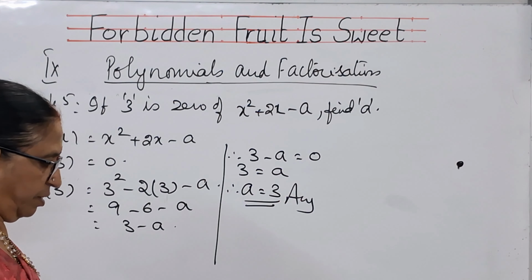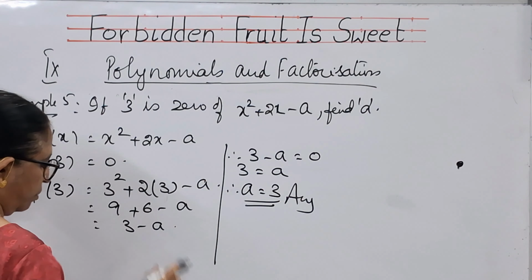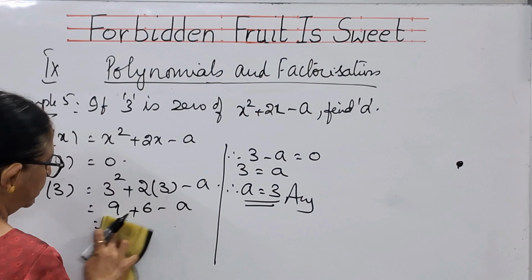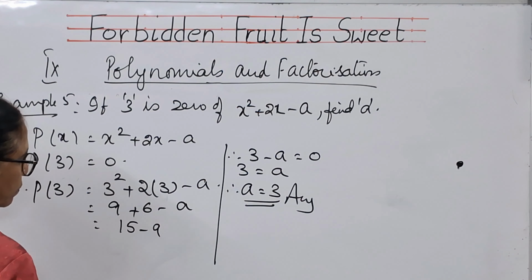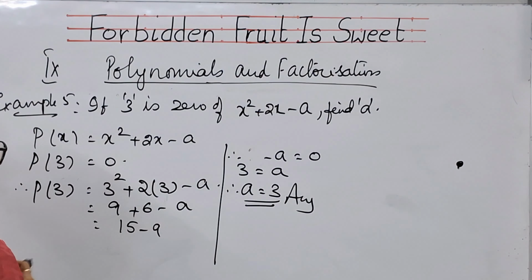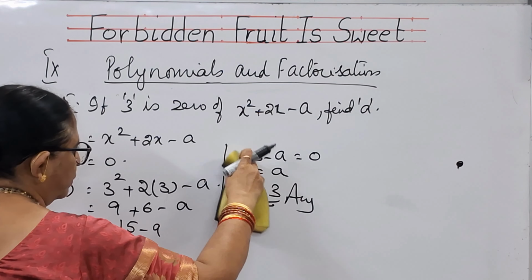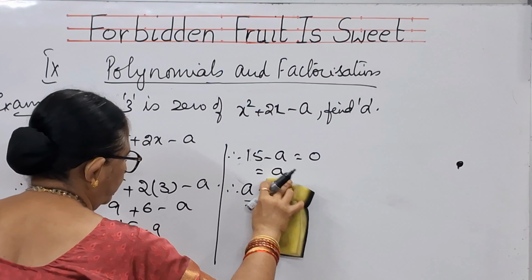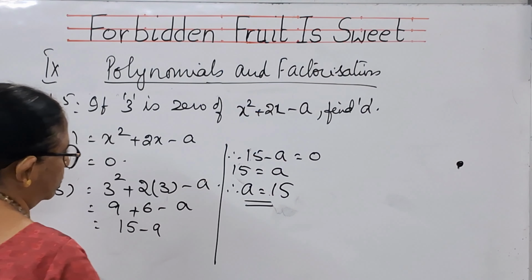9 minus 6. Oh, sorry children, here plus is there. Plus means what you are getting? 9 plus 6 is 15 minus a. So 15 minus a is equal to 0. So sorry children, a value is 15.